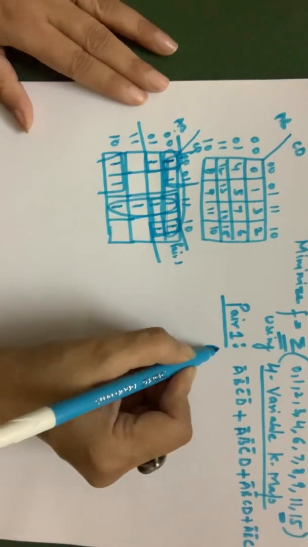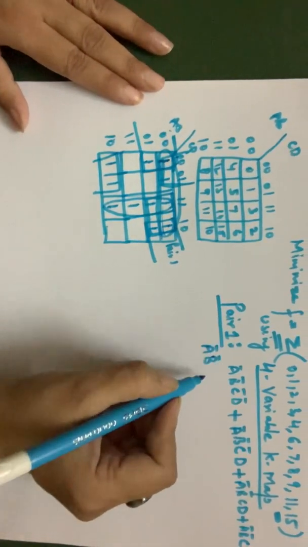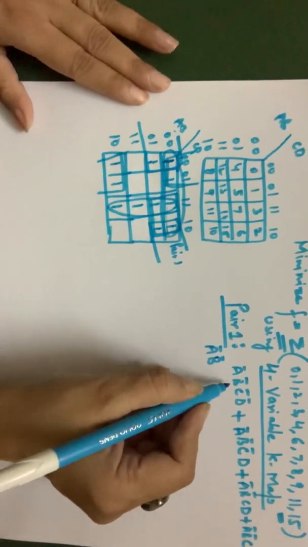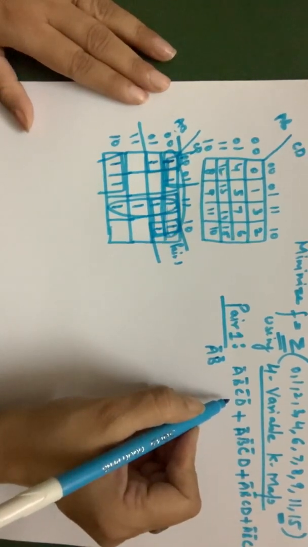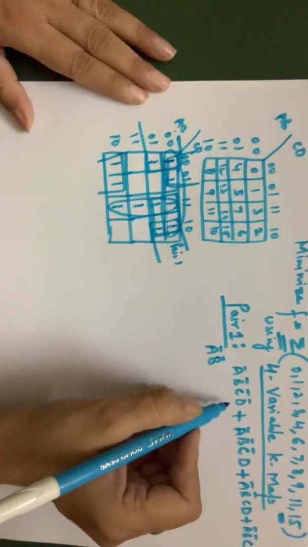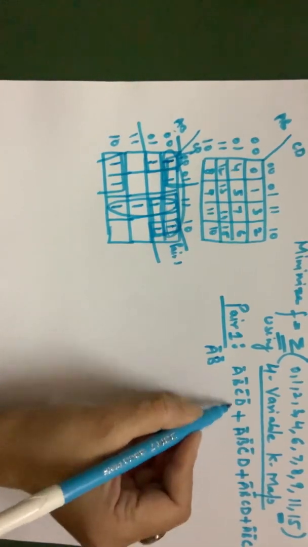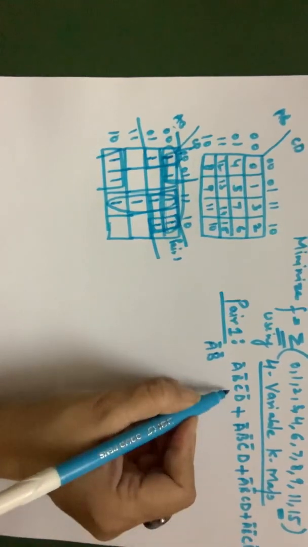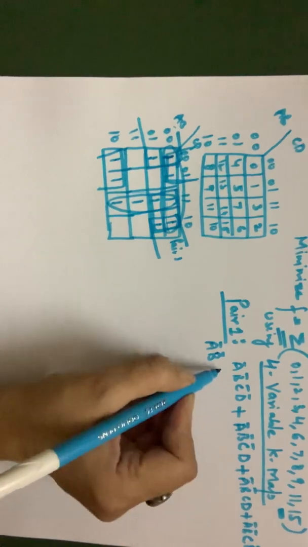You can see A bar is common throughout, B bar is common throughout. In the first two categories, A bar, B bar is common, and C bar is also common.